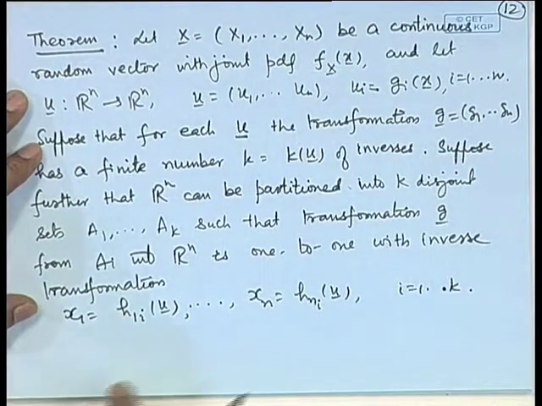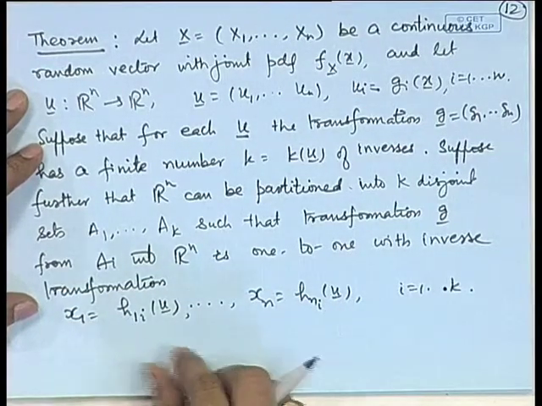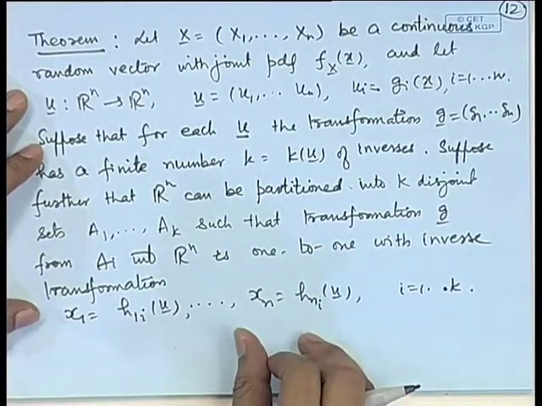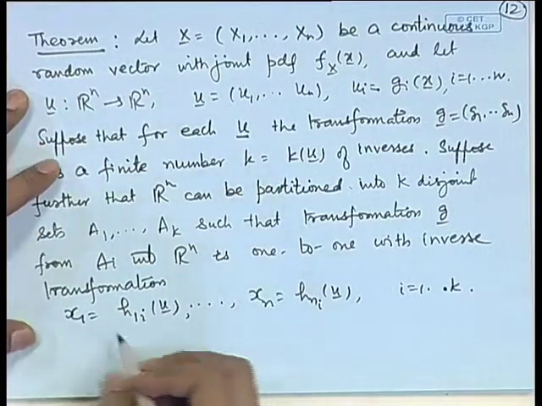As in the case of the previous theorem, we have to assume that the mapping and the inverses are continuous, and their first partial derivatives are continuous.